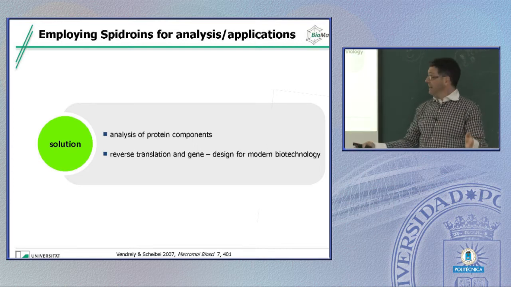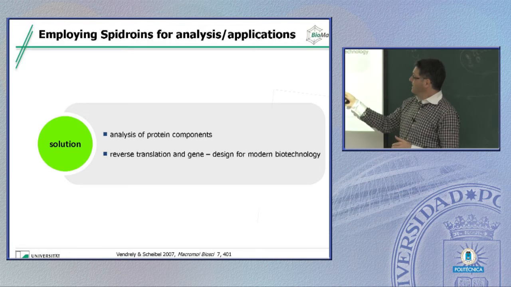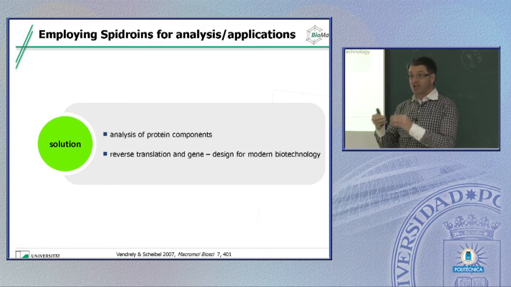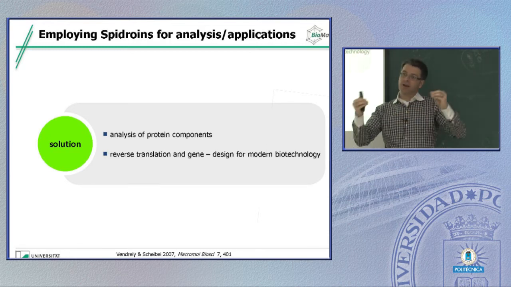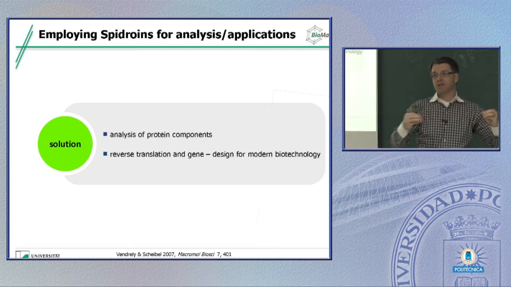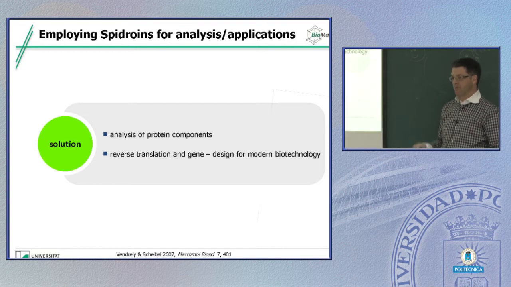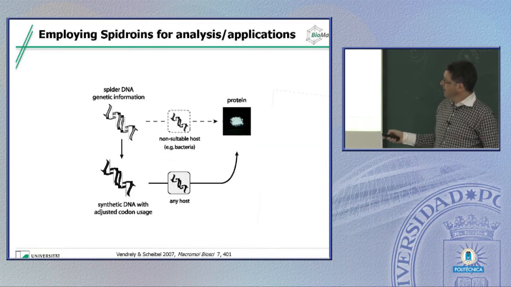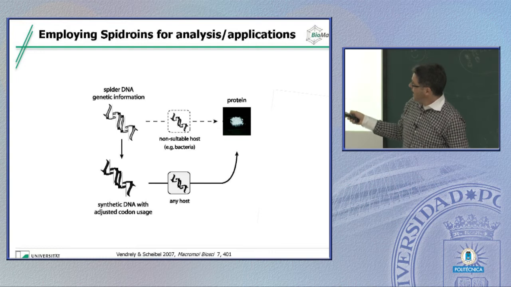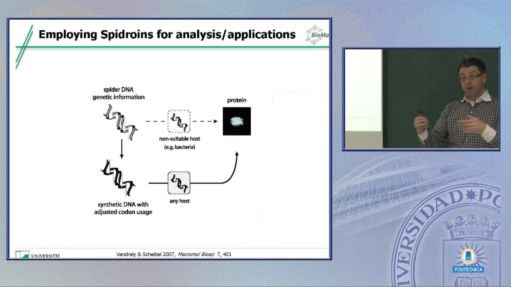But when we design it, of course, we can now use codons to our liking. So we can actually create genes with the codon usage optimized for the host that we are using. So we can make a gene that is perfectly suited for expression in bacteria. So this is what we do. We take the genetic information and we manipulate it, so to say.